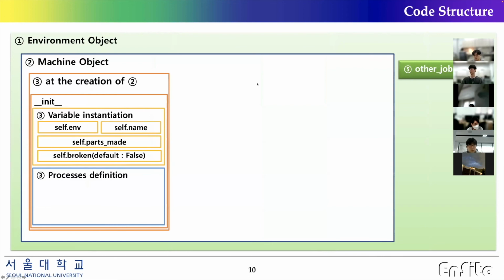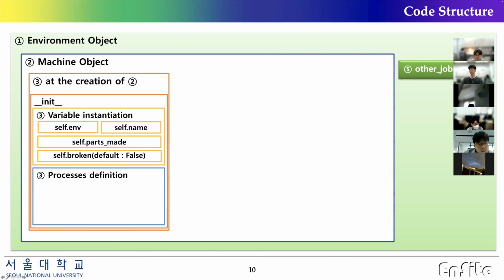Here, inside of any function, there is a variable instantiation: an environment, the machine name, and also parts, made for the purpose of recording the number of parts created in each machine.